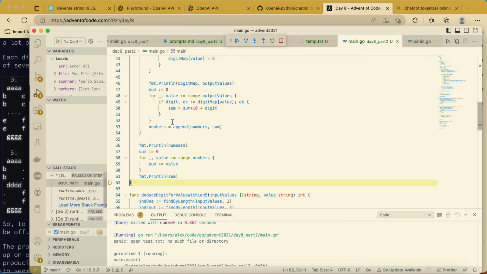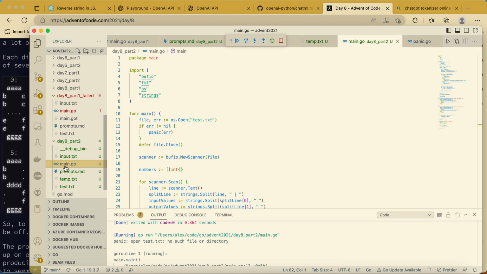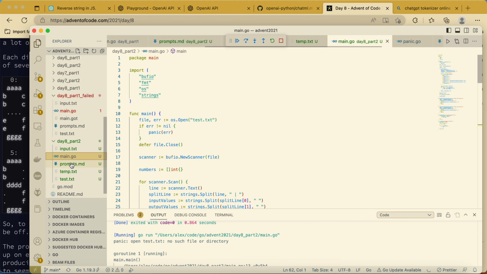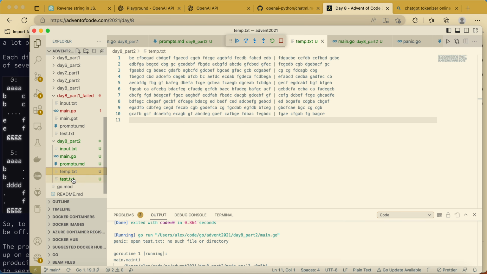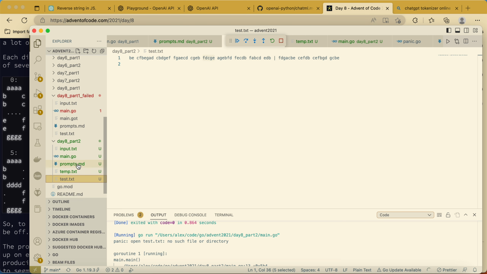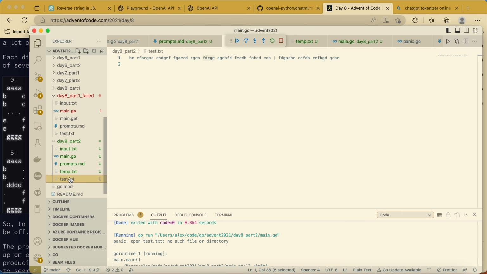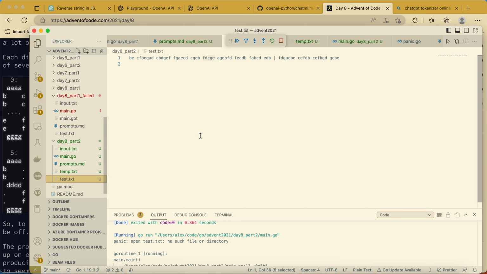How about that? Let me return this version in which I had, okay, I see, and I have some binary. My favorite binary, and here for the test.